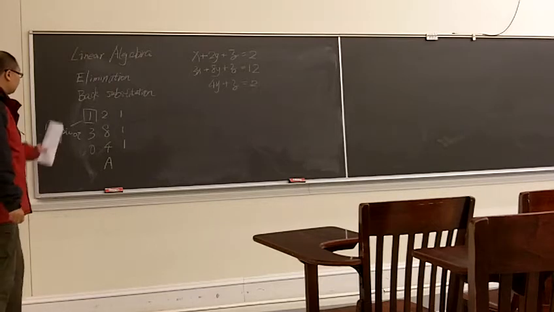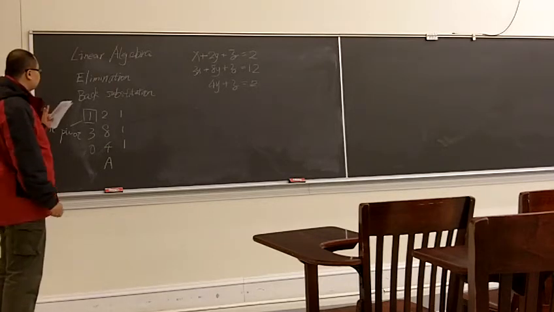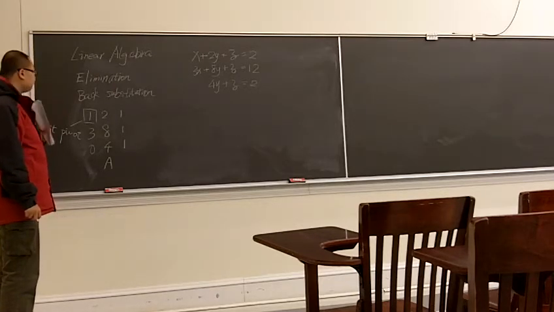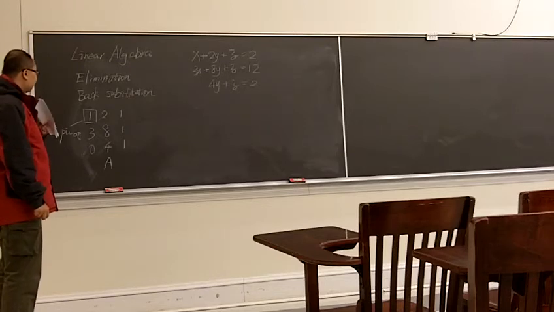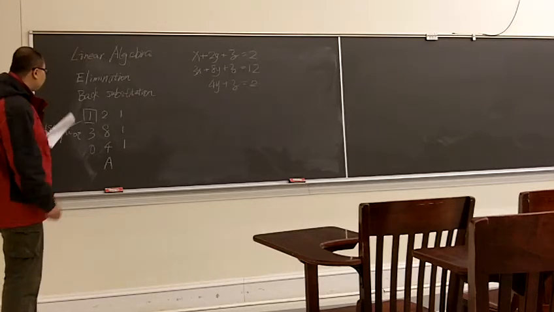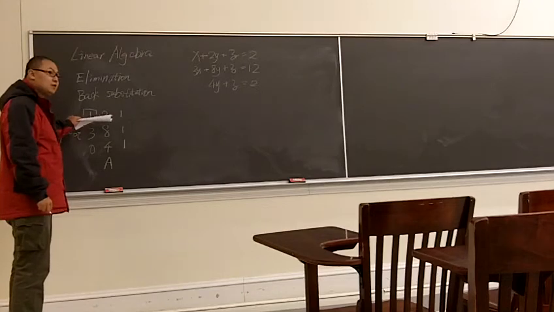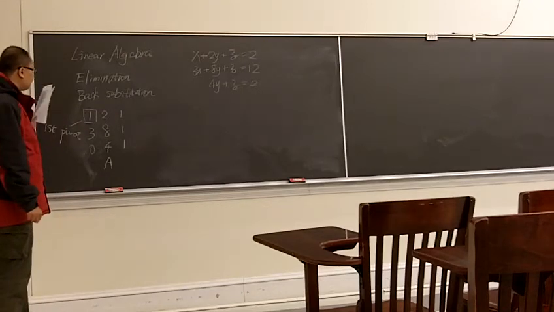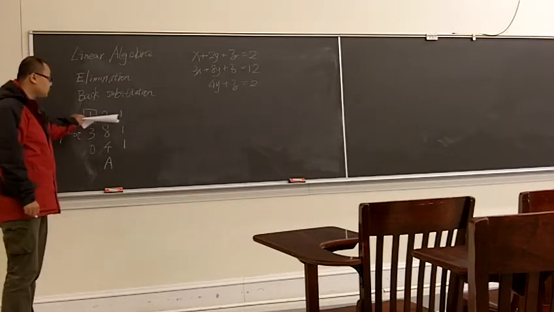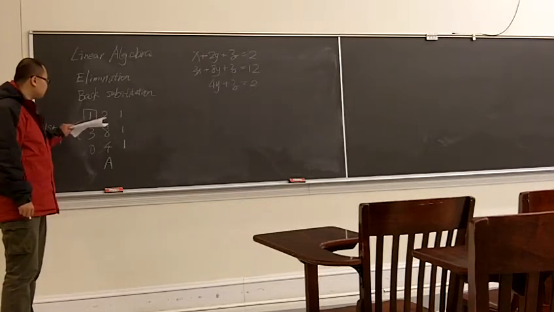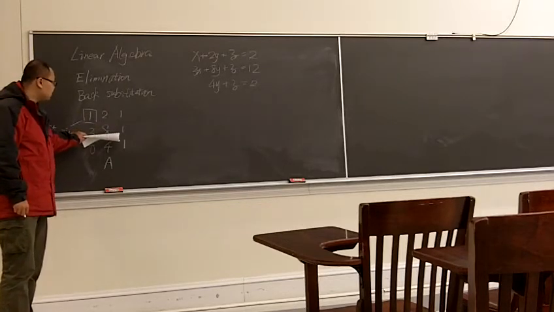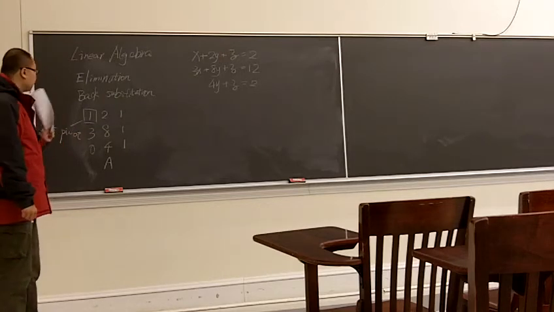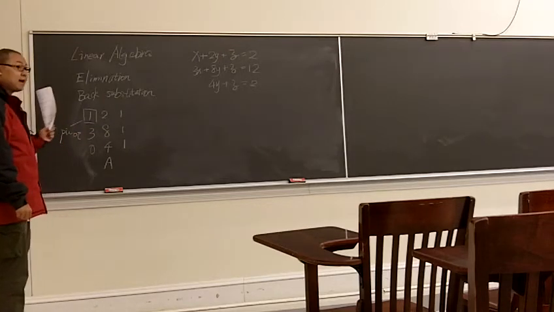So what does the elimination do? What's the first step of the elimination? We accept the first row, the first equation, and we multiply the first equation by some multiplier and subtract it from the second row. So what is the appropriate multiplier?